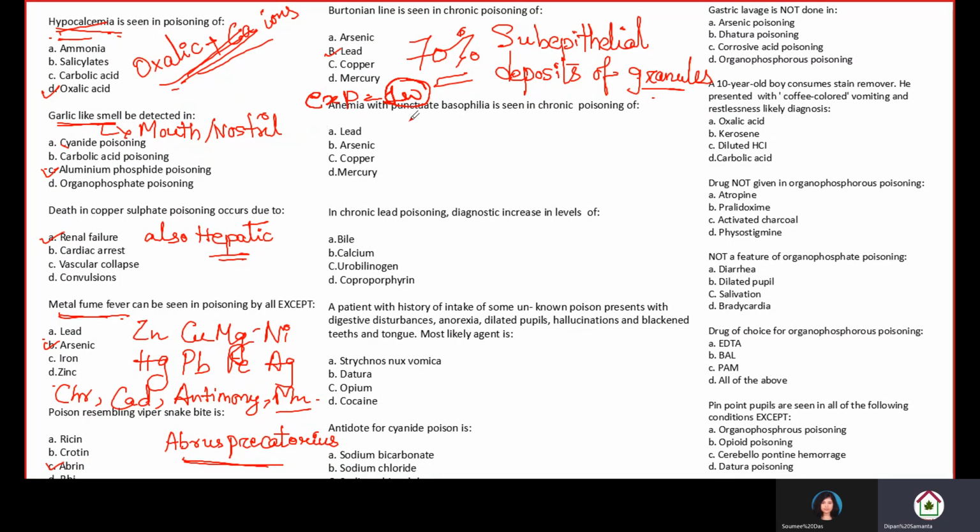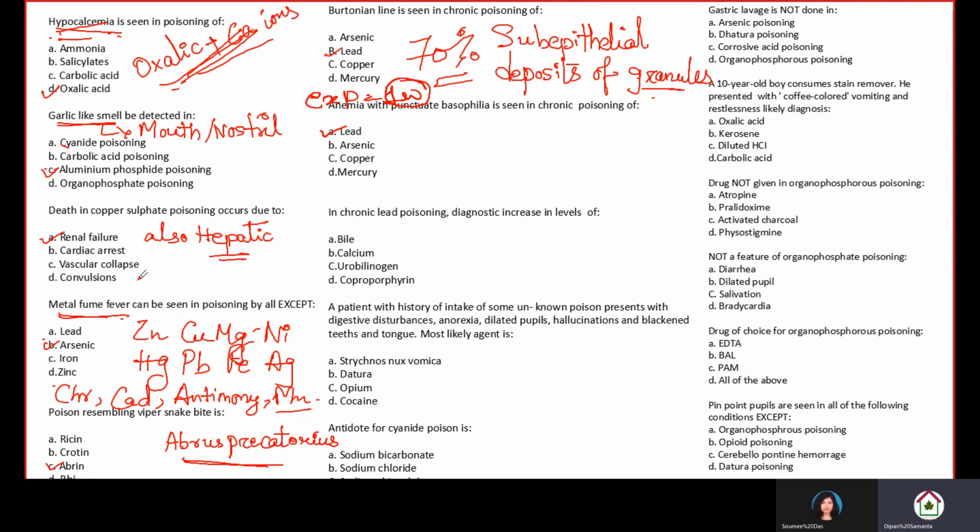Anemia with punctate basophilia is seen in chronic poisoning of, again, lead. Very important point.